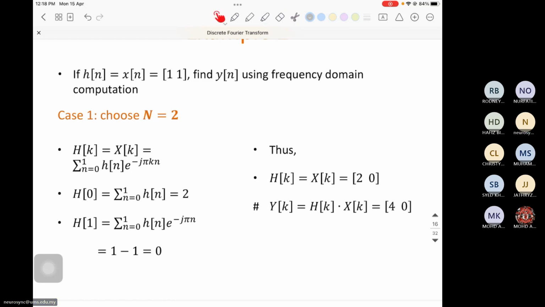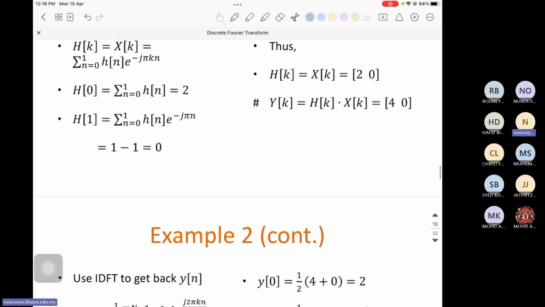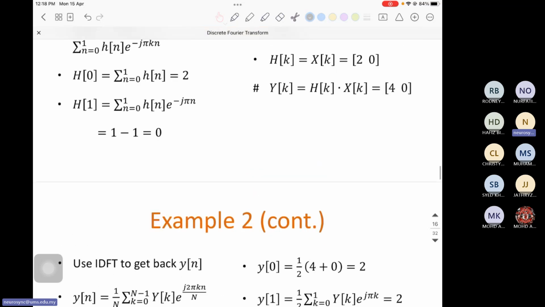But here, y of n using the frequency domain is asked. So in the frequency domain, we can multiply these. If you multiply 2 0 and 2 0, you will get 4 0. So Y of k is equal to 4 0.